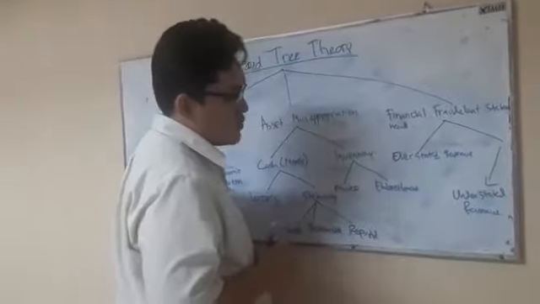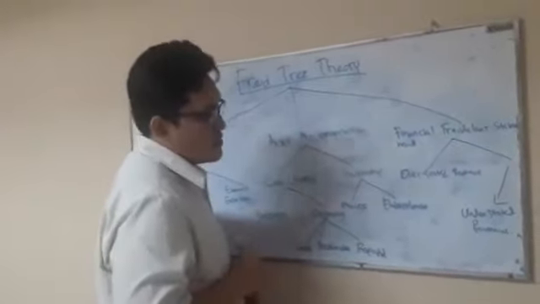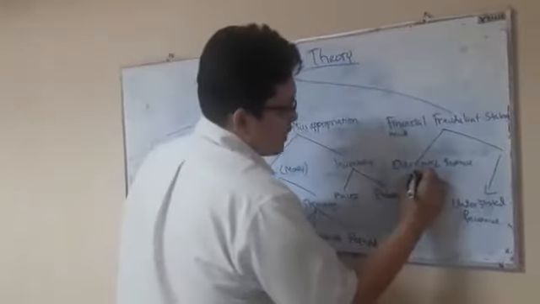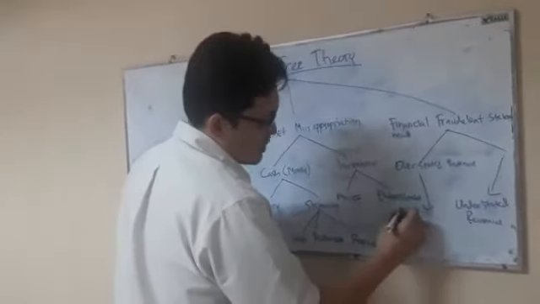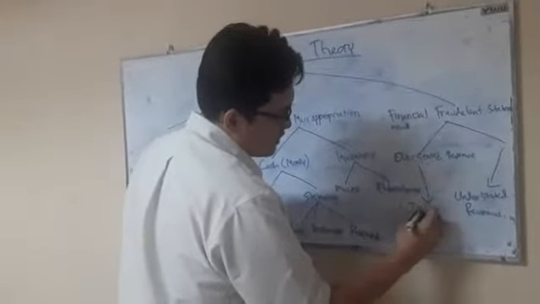I want to explain overstated revenue. The factors of overstated revenue are, number one, timing difference.